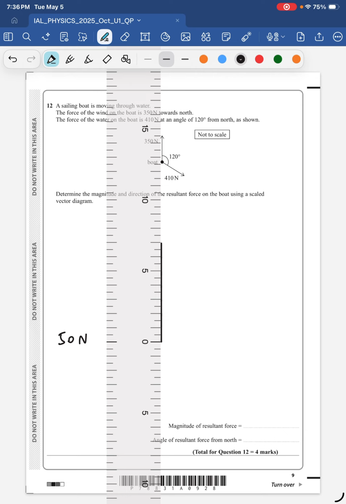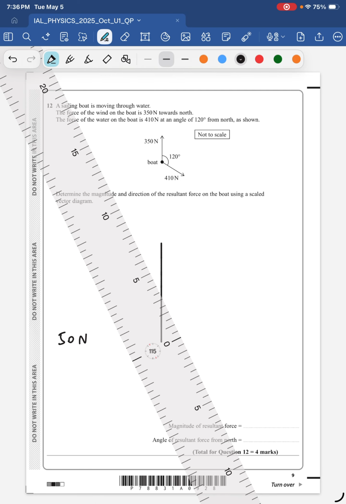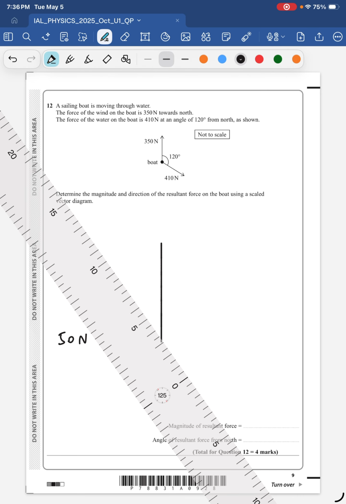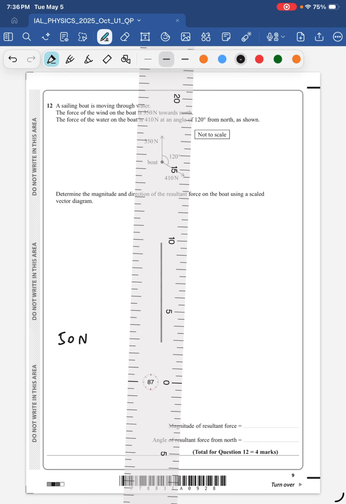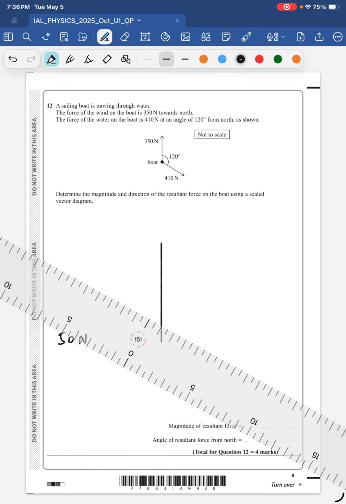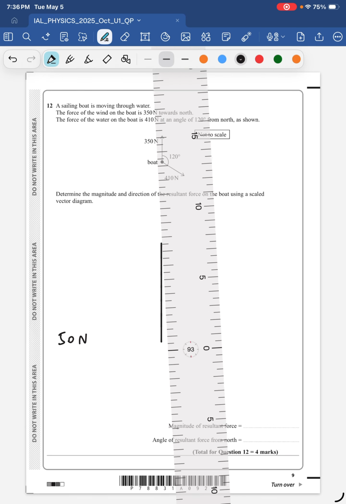Now the other force is 120 degrees this way. Can I turn this ruler? Yes, okay. We need 120, right? Is this measuring though? Let me think. So that's 90. No, actually, we have to turn it this way, maybe. No, this is strange, guys.